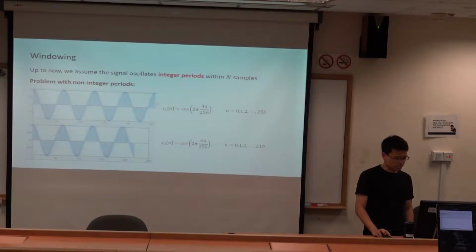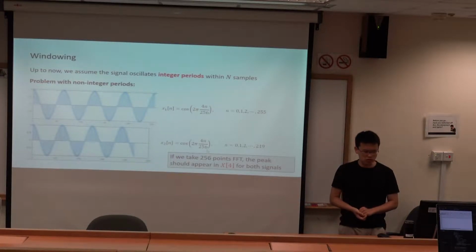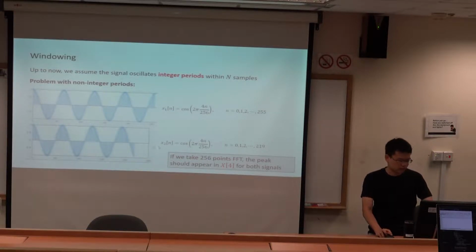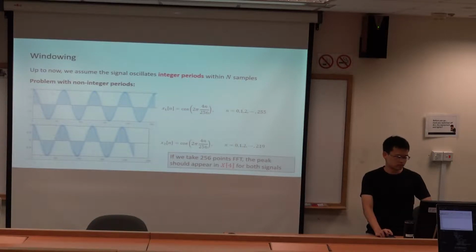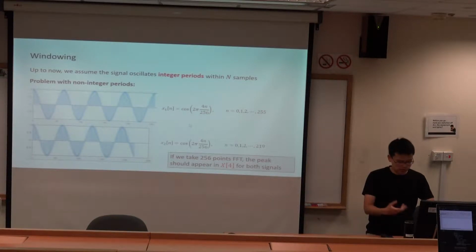Then if we take a 256-point FFT, I mean, I pad zeros here, the capital X of 4 should be the peak, right? Because it has 4 periods in capital N samples. Well, let's see what happened here.